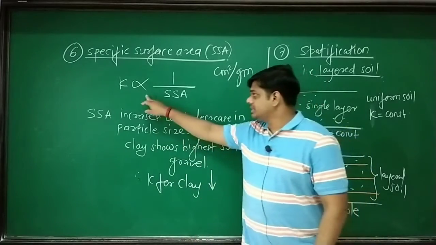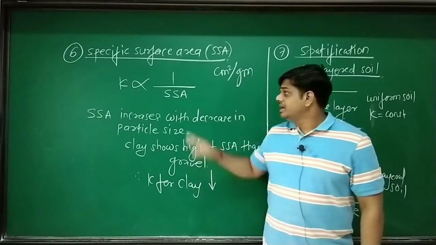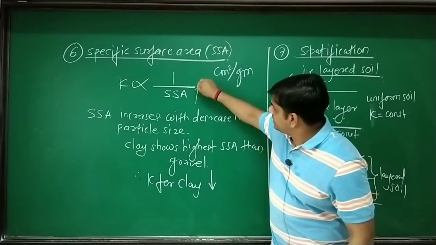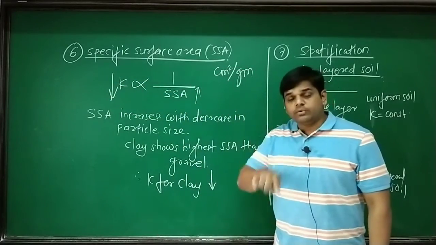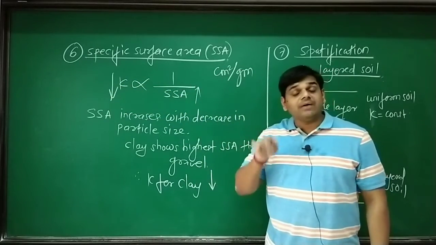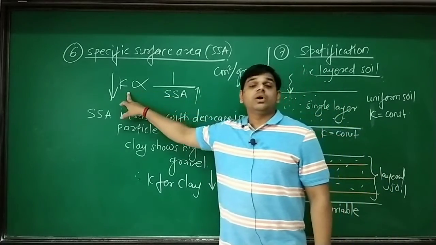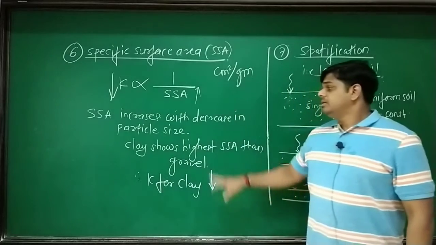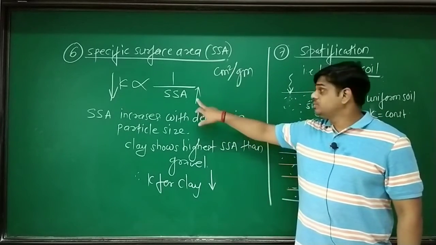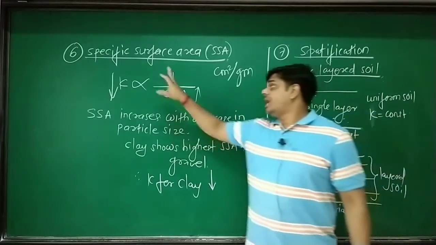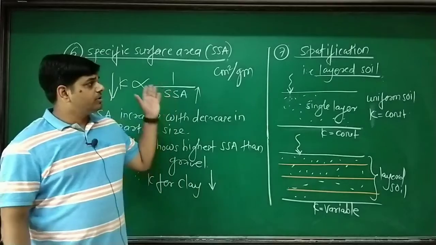Permeability is inversely proportional to specific surface area, meaning as specific surface area increases, permeability decreases. Therefore, clayey soil, which has the highest specific surface area, shows lower values of permeability, and gravels, which have lower values of SSA, will show higher values of permeability. This is about SSA.